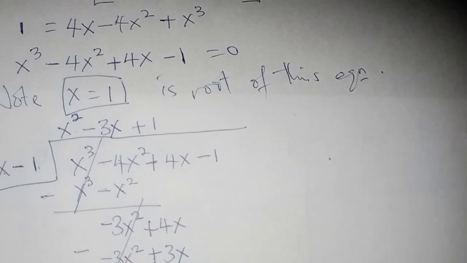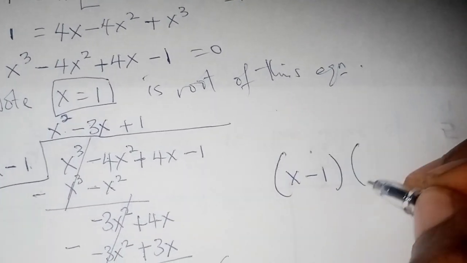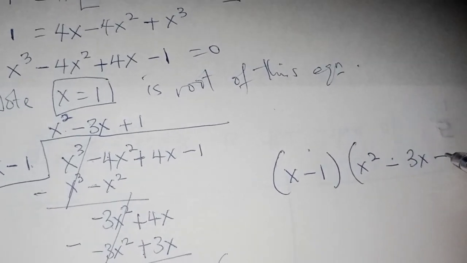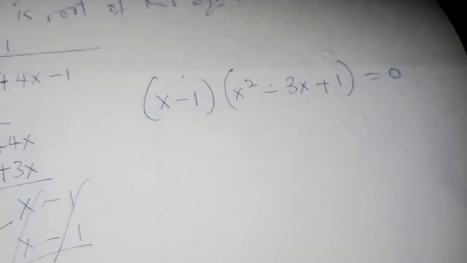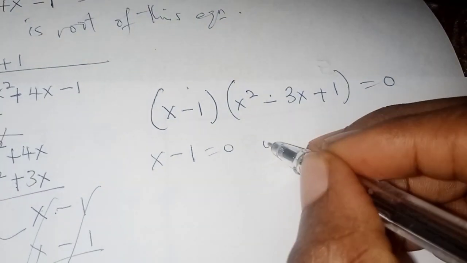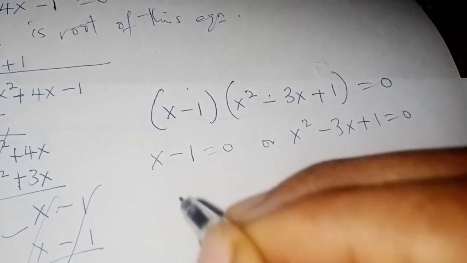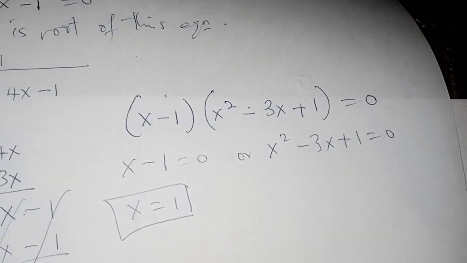So what we have is the two factors, x minus 1 and x squared minus 3x plus 1 equals 0. So x minus 1 equals 0 or x squared minus 3x plus 1 equals 0. This will give us x equals 1. We know that already from here.